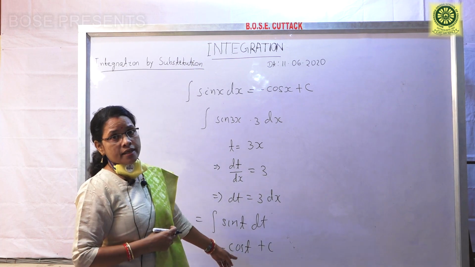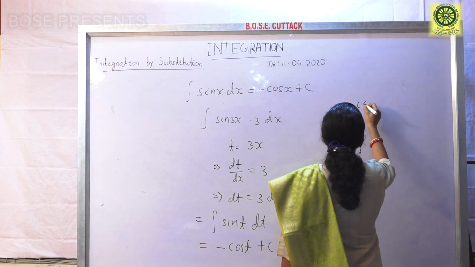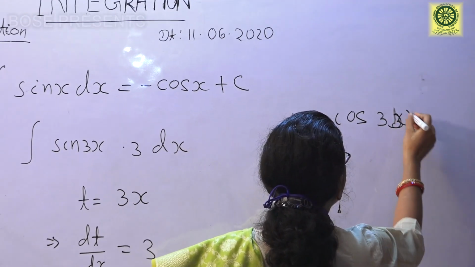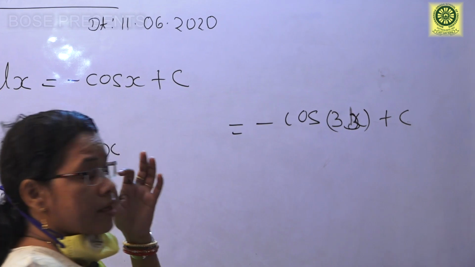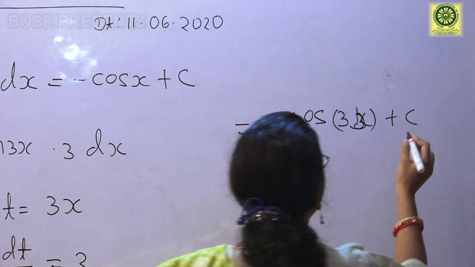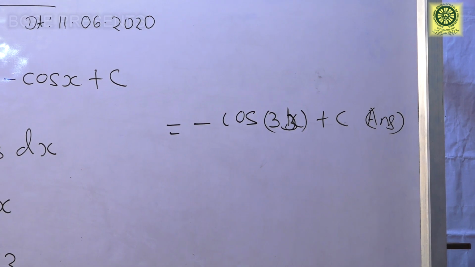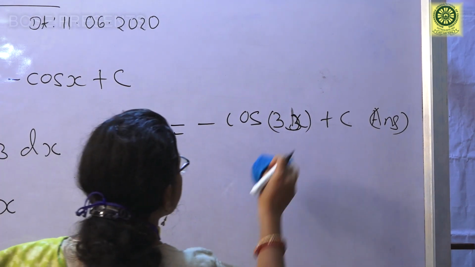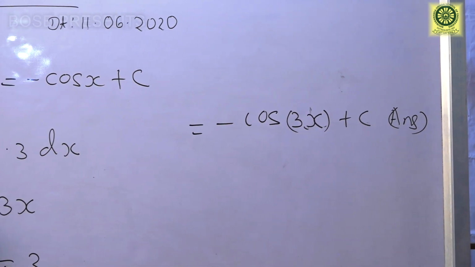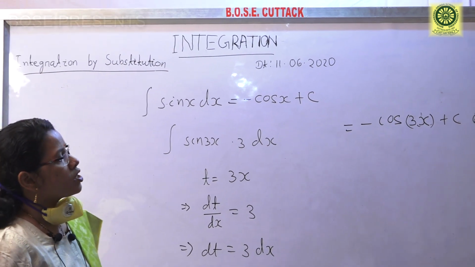Now just replace this t by 3x, because the problem is given in the variable x, so your answer should be in x. So we have got the answer minus cos 3x plus c. So the integral of sin 3x into 3 with respect to x is minus cos 3x plus c.